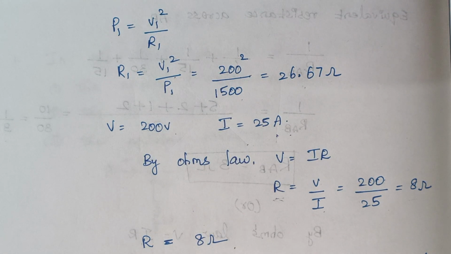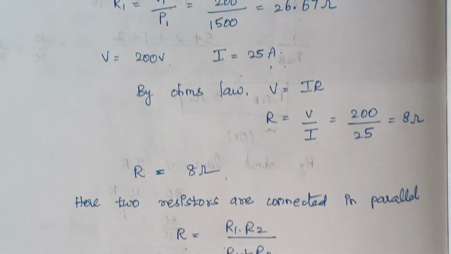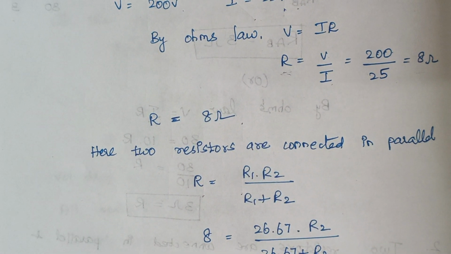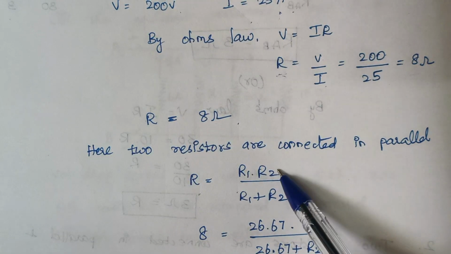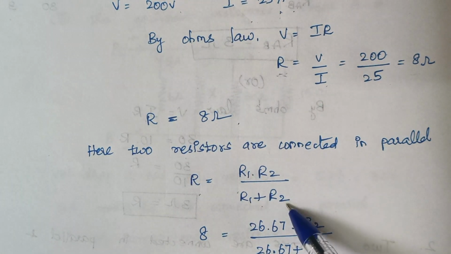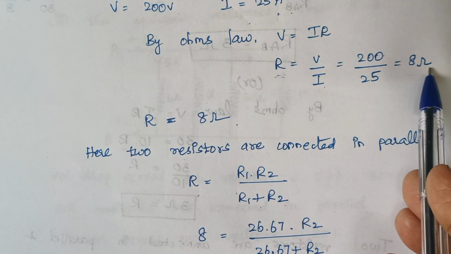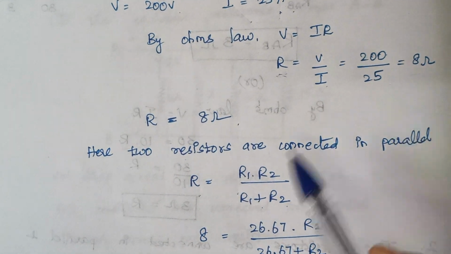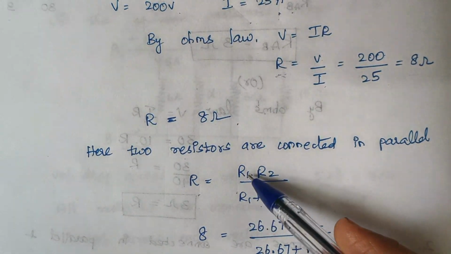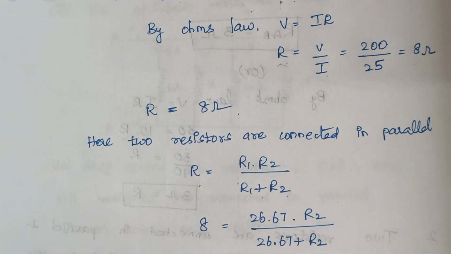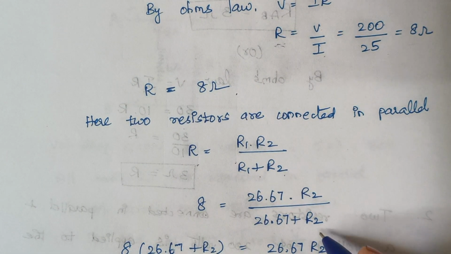Right. So here the two resistors are connected in parallel. So what is the formula to calculate the total resistance? It is given by R1 into R2 divided by R1 plus R2. The total resistance of the circuit calculated by Ohm's law is 8 ohms. So just substitute it here. We know the value of R1, right? So again substitute this in the formula.